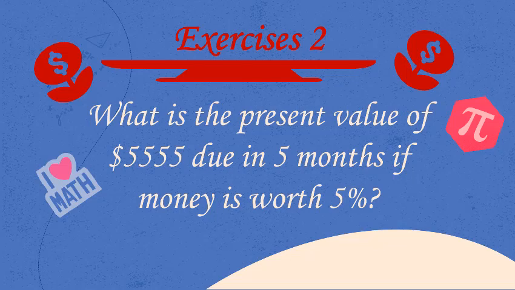Exercise number 2. What's the present value of $5,555 due in 5 months if money is worth 5%? Again, he asked for the present value.